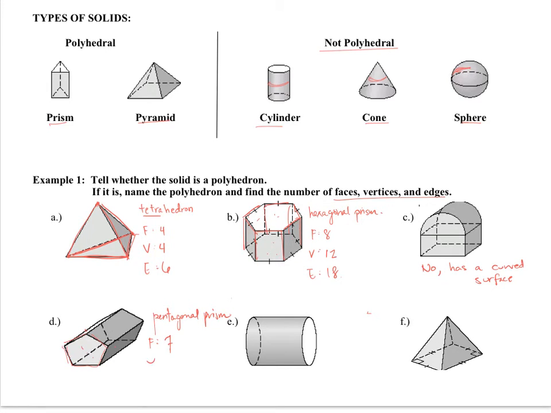The number of vertices, we have 5 here and 5 in the back, so that makes 10. Edges, count these, 1 through 10, plus 5 more in the back makes 15. And E, this is a cylinder, it has a curved surface, so we say no.